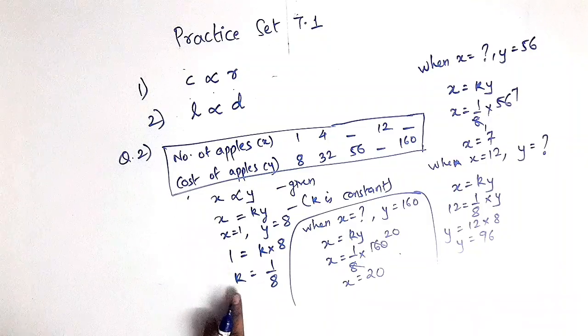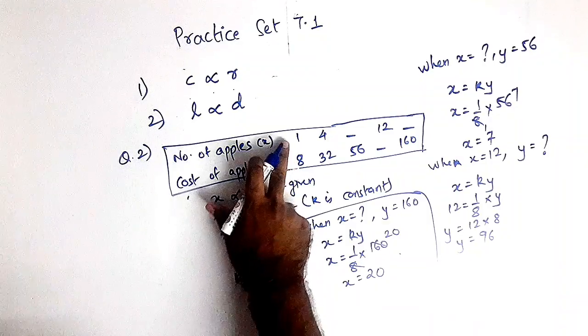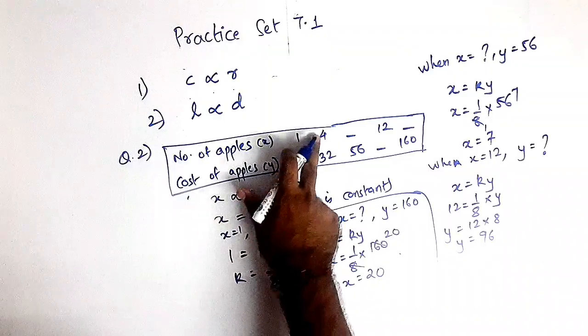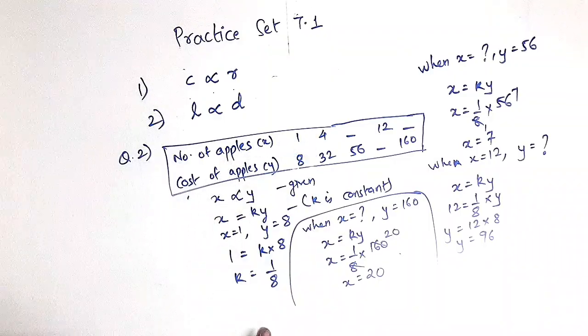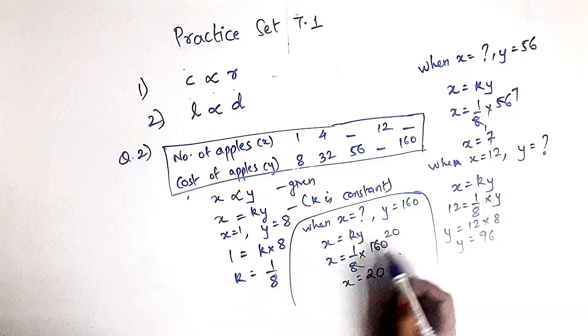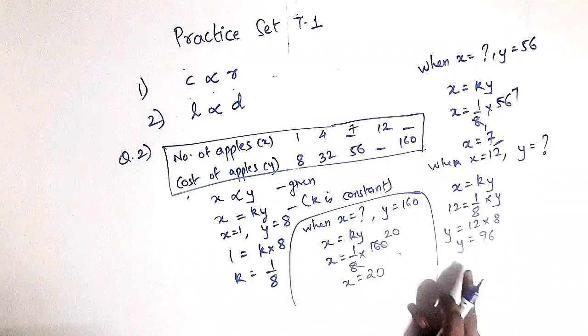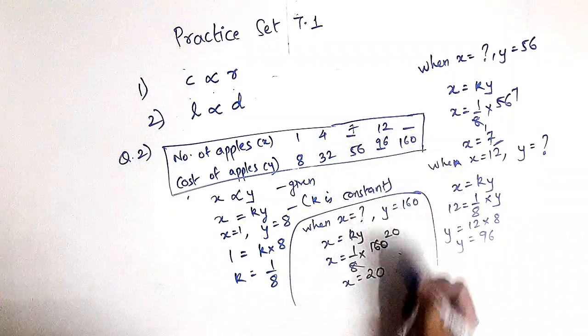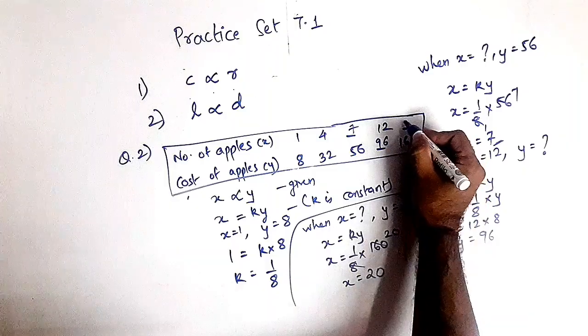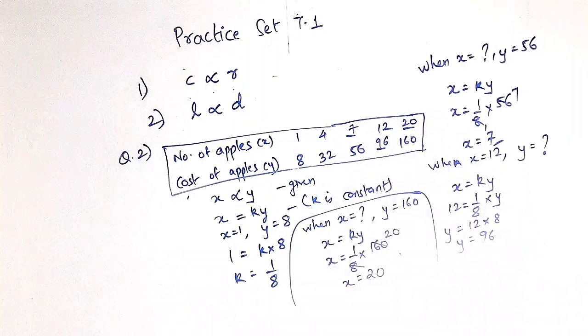So for finding k, we use the numbers where we knew x and y. You can use this also, still you will get 1 upon 8. So we got the blanks here. First one x is 7, so I'll write here. Here we got y is 96, and here x we got 20. Okay, so this is how we will complete the table.